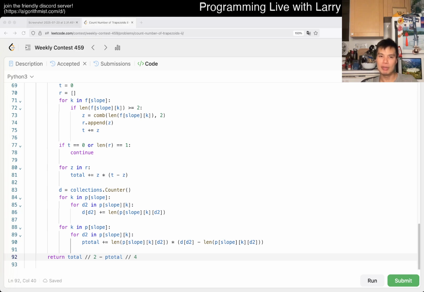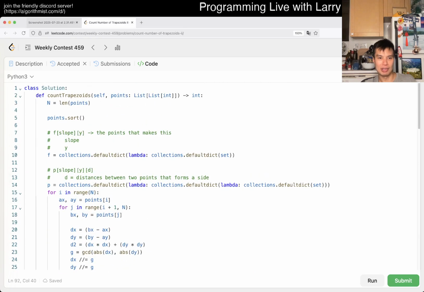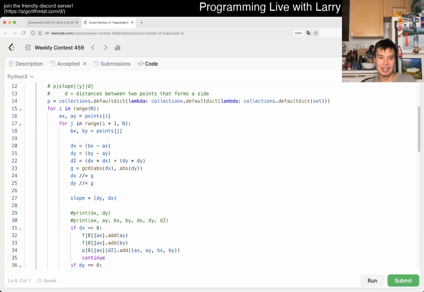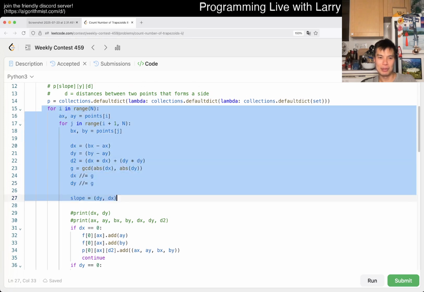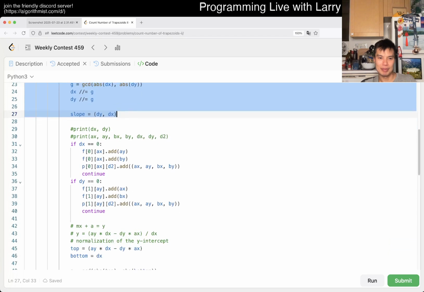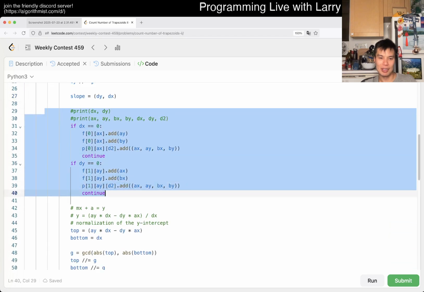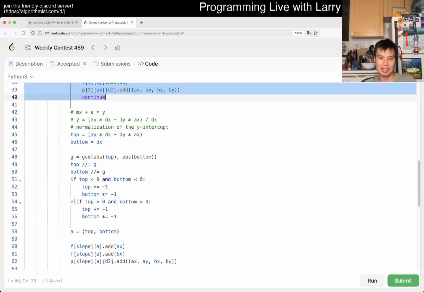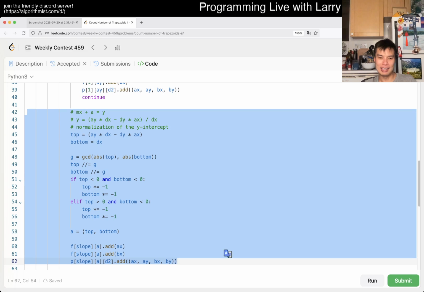Let me know what you think, and you could watch me solve it during the... Let me actually show the code real quick. With sorting, setting the slope, horizontal, vertical, setting the y-intercept.